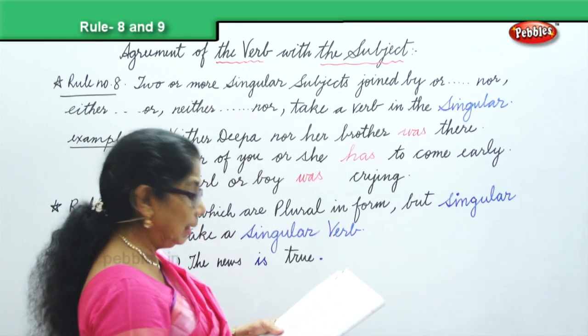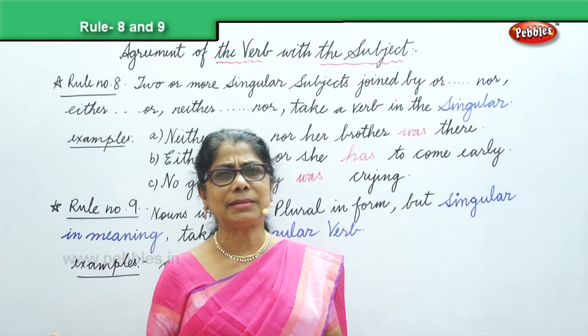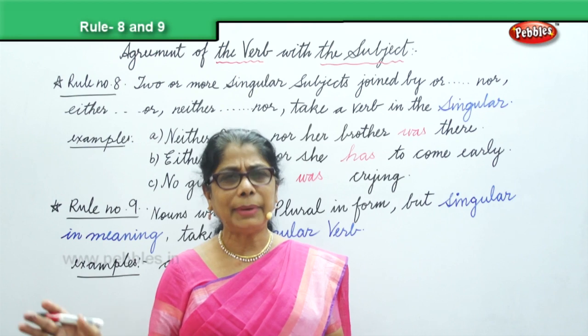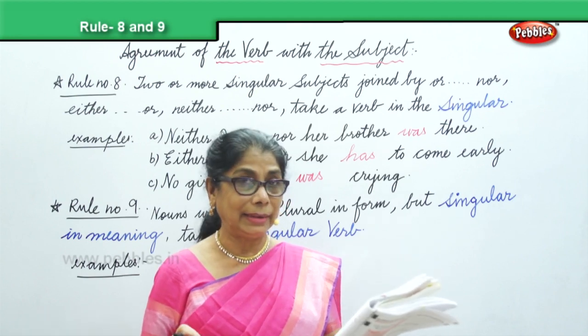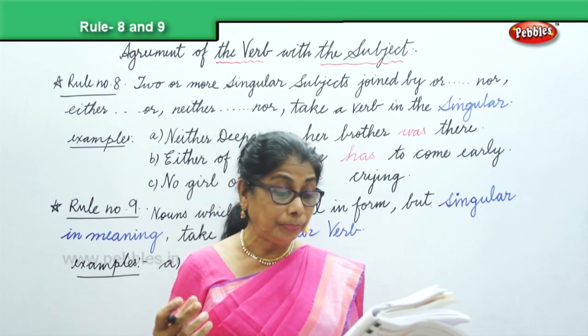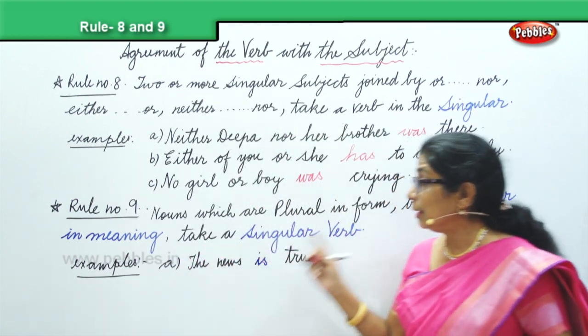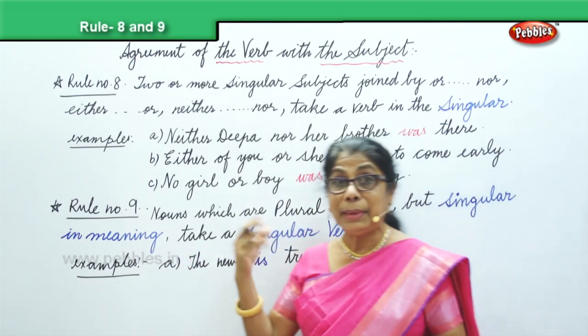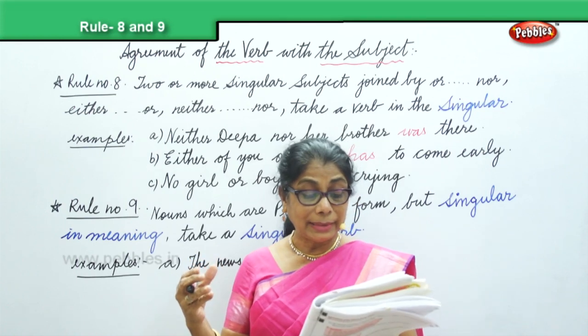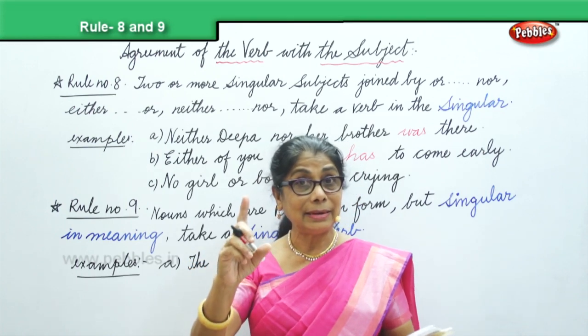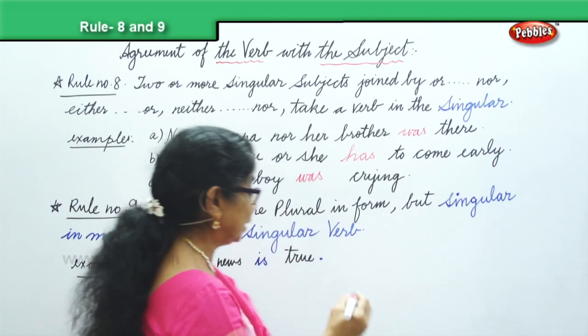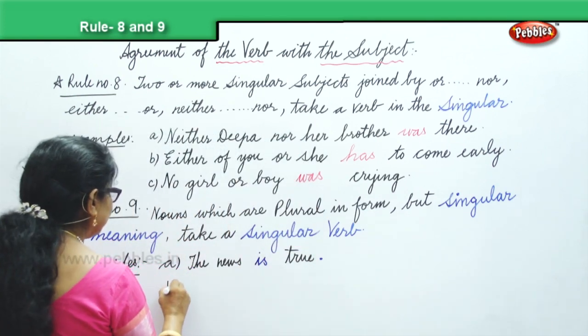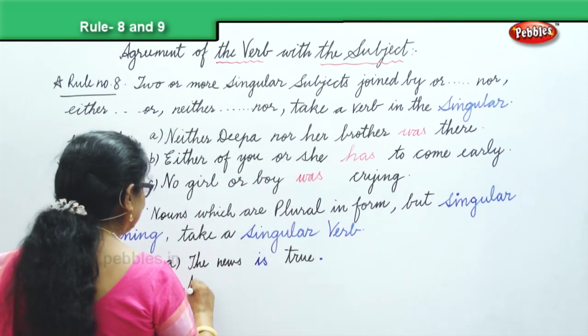Another example, mathematics. A vast number of topics are there, but collectively we say mathematics. It's supposed to be plural, but it is singular in meaning. So mathematics is my main subject.